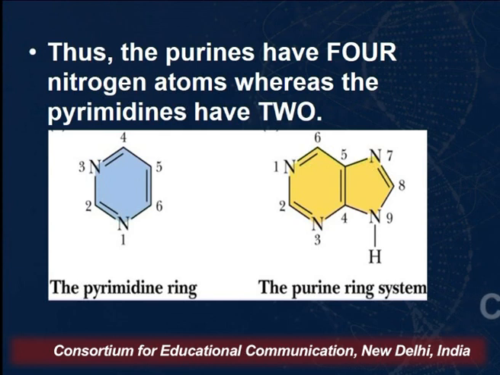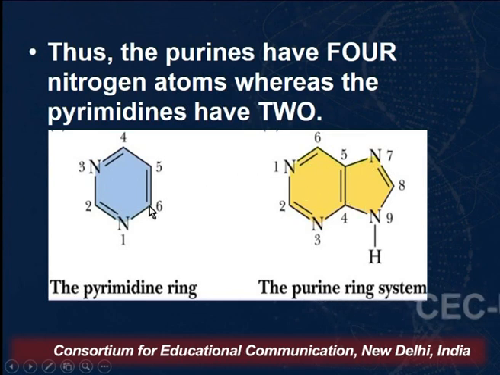One is the 6-membered ring, like this is your pyrimidine ring, and the other one is the imidazole ring, and both these rings are fused at the 4th and 5th carbon. And again here, the numbering is done in such a manner that the nitrogen atoms get the lowest possible number.